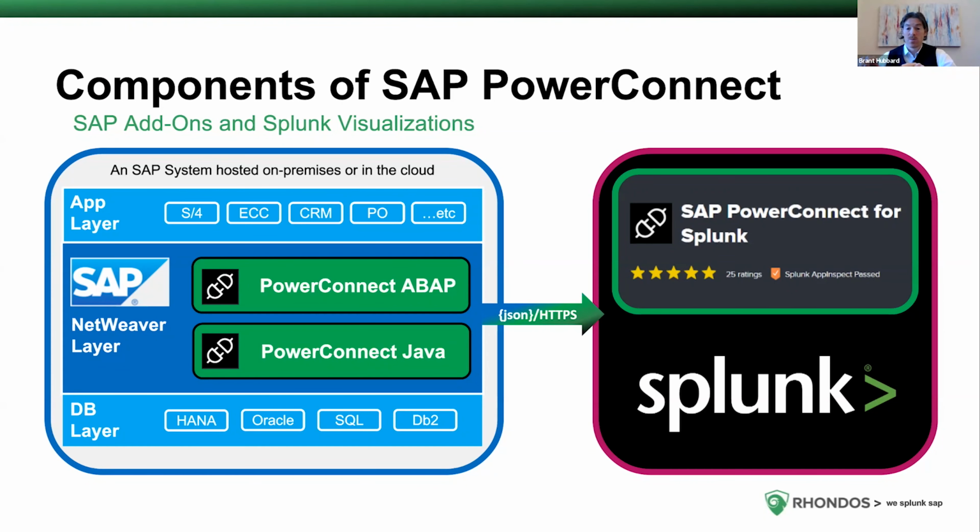Once it lands over in Splunk, then you've got the 5-star PowerConnect for Splunk app. That's for core Splunk. You've got the service intelligence for SAP ITSI app. And then the reality is that 100% of our customers don't really buy because of what's out of the box in those two apps.